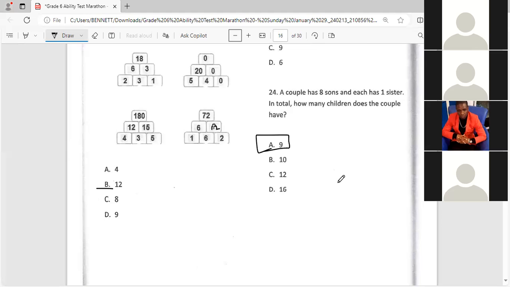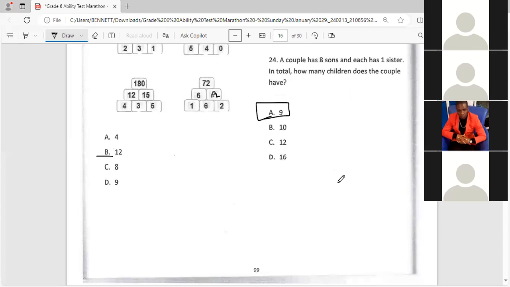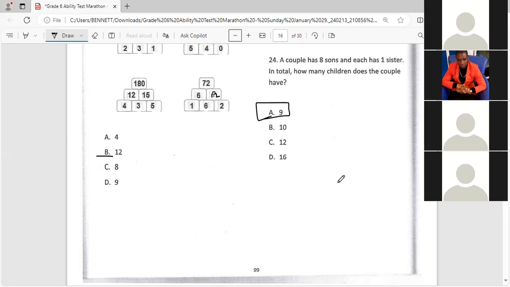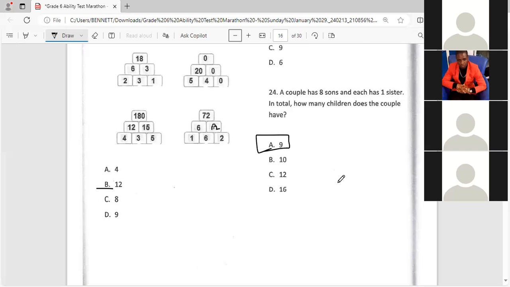This one, what I was talking about is the other day. Sir, wait, look, sir. It says a couple has 8 sons, and each of the sons has 1 sister. Sir, it says each has 1 sister. You guys are still not seeing the 9, though.